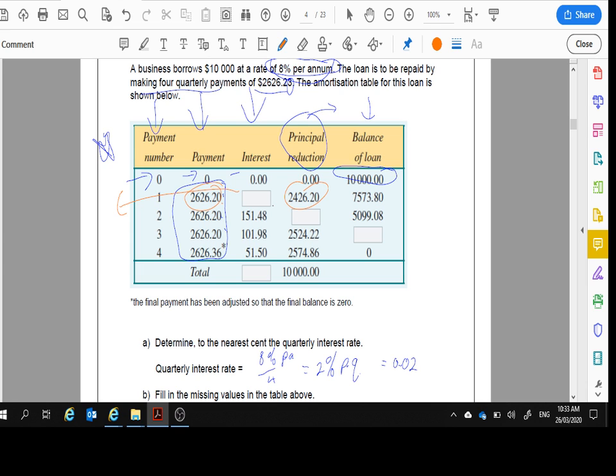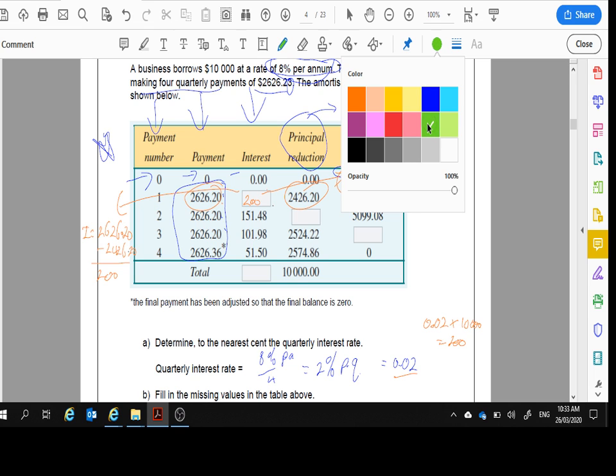So this interest will equal 2626.20 minus the 2426.20, which means it's $200 of interest. You can do it a different way. You know that we're being charged 0.02 per quarter, times that by the balance, which is 10,000, which gives you $200 anyway. Always you've got to times it by the previous balance.